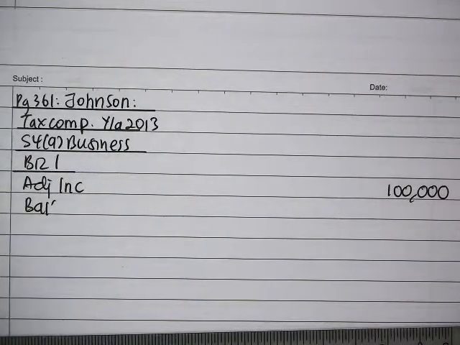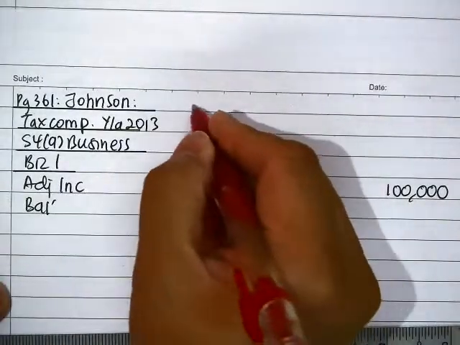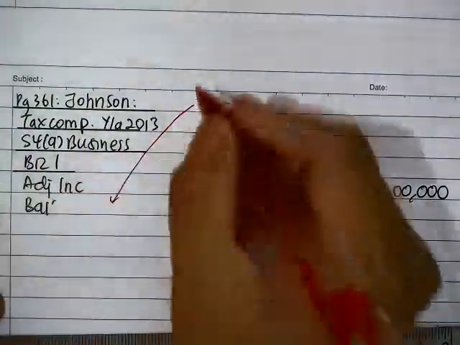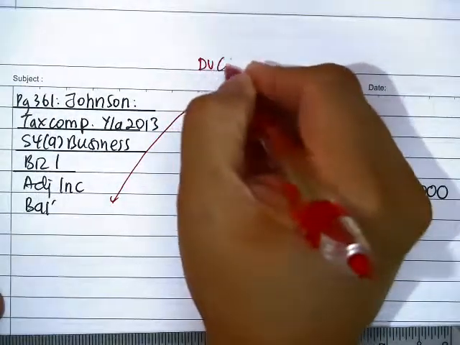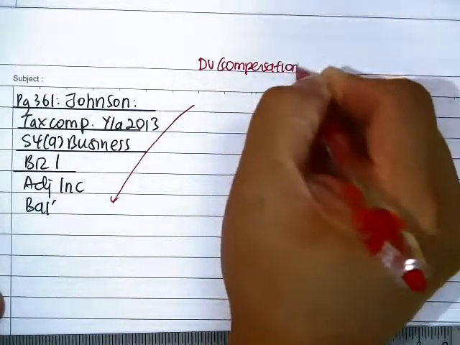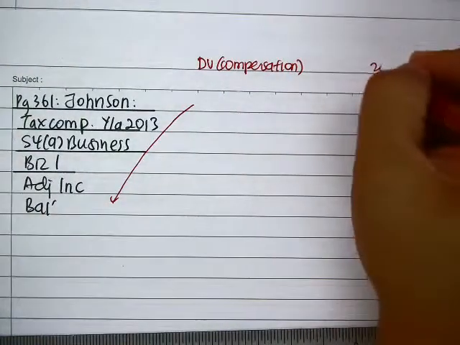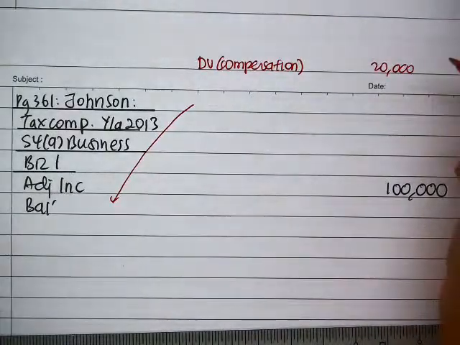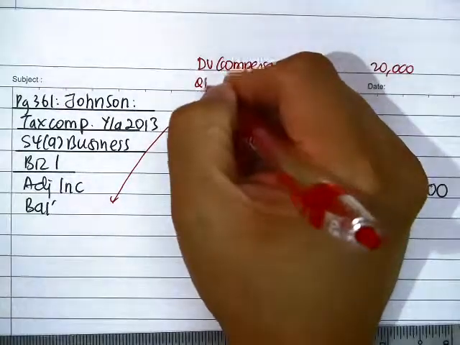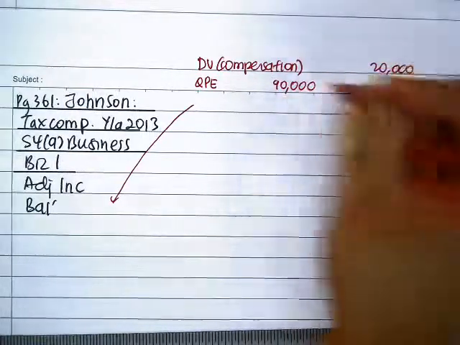Okay, so what adjustment is that? Now I just show on top, okay, so easier for me. See, my disposal value is the compensation, which is 20. Now I bought this at the price of 90,000.